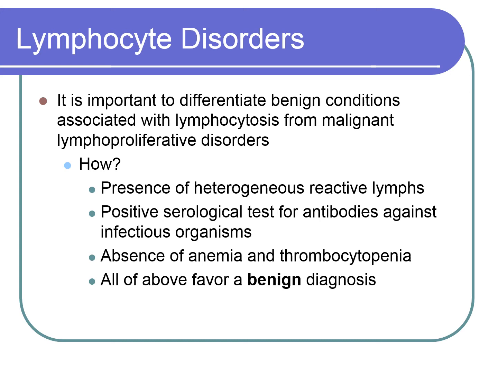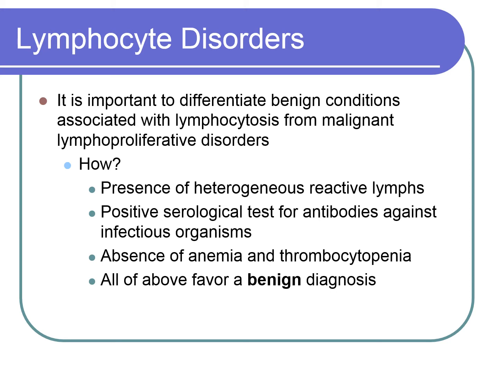For lymphocyte disorders, it is important to differentiate between benign conditions associated with lymphocytosis and malignant lymphoproliferative disorders. How can we do this? We can look at the peripheral blood film under the microscope and identify if we have heterogeneous reactive lymphocytes, and we can confirm what we are seeing by adding more serological tests for antibodies against infectious agents.